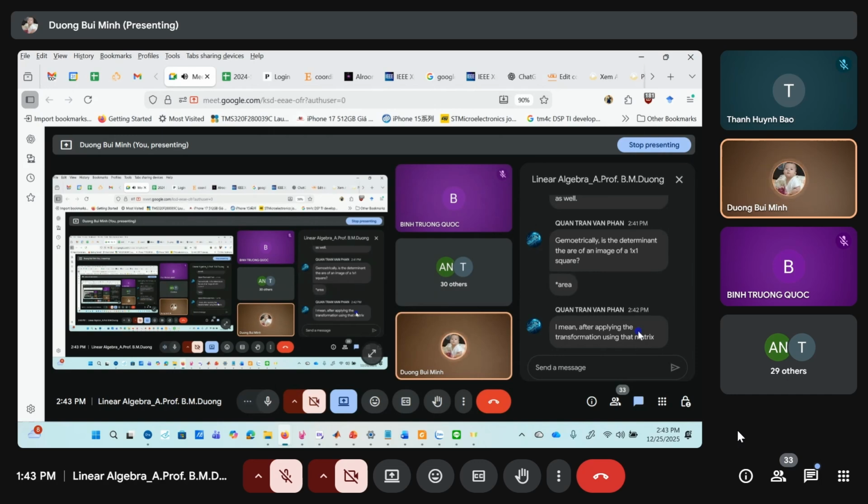Maybe correct. We need to demonstrate the transformation matrix. So wait for lecture 5. I will give you detailed answers. Please remind me. We have lecture 5, where we discuss linear transformations in great detail.